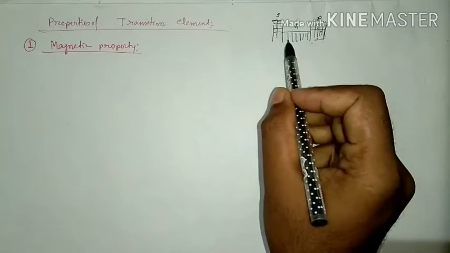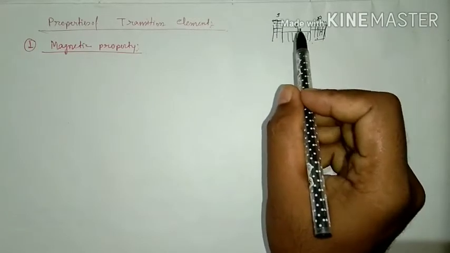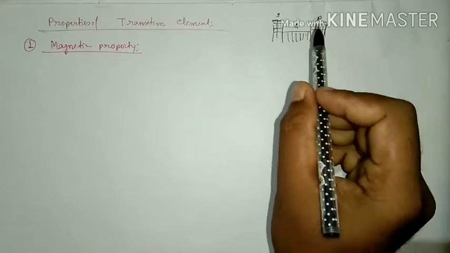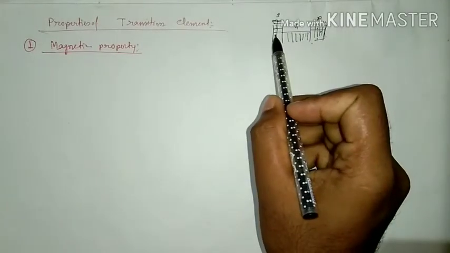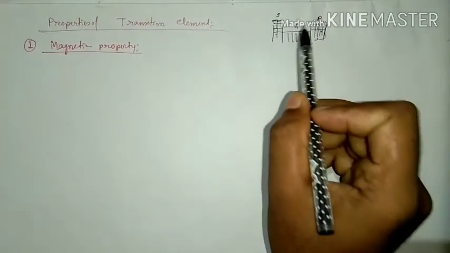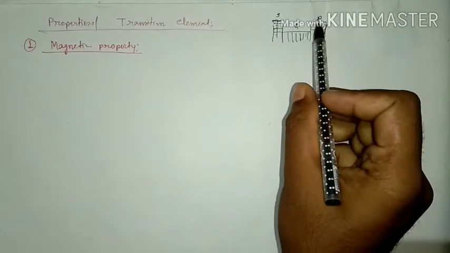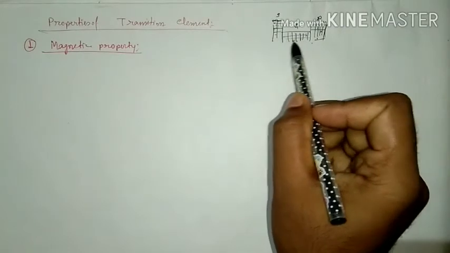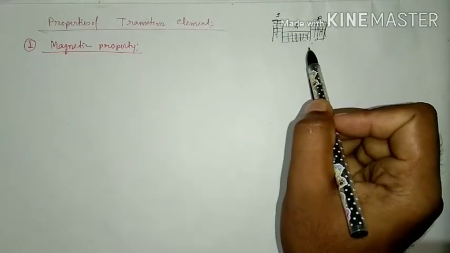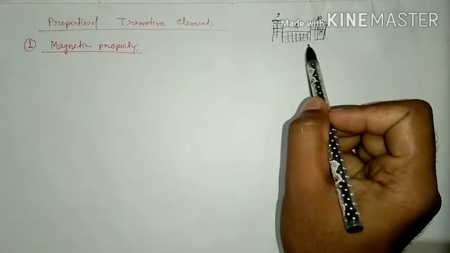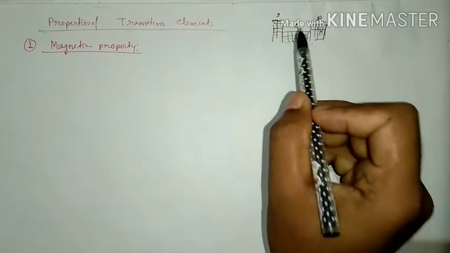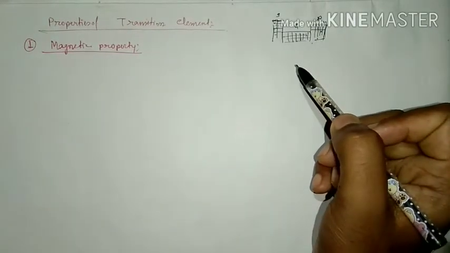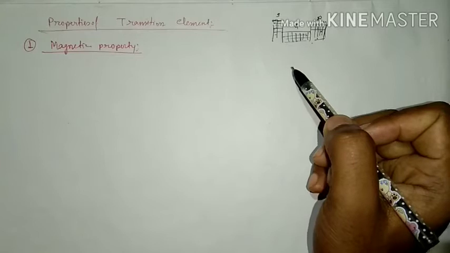That's why this acts as a metal, but not as strong as the S block element, but not as weak as the P block element. That's why these are, you can say, medium reactive metal. Due to this character, this D block element shows varieties type of magnetic and other property. We'll discuss one by one.